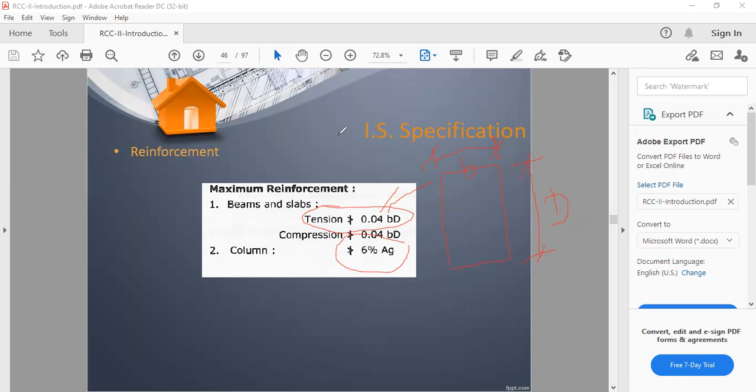If the strength gets reduced, after a few years the building may have more cracks, and that building may fail. So you have to provide it in a range.